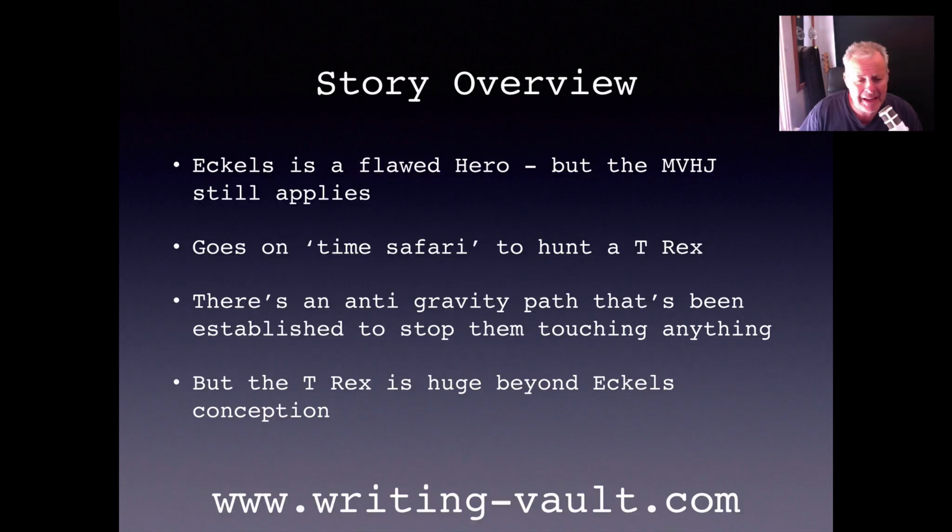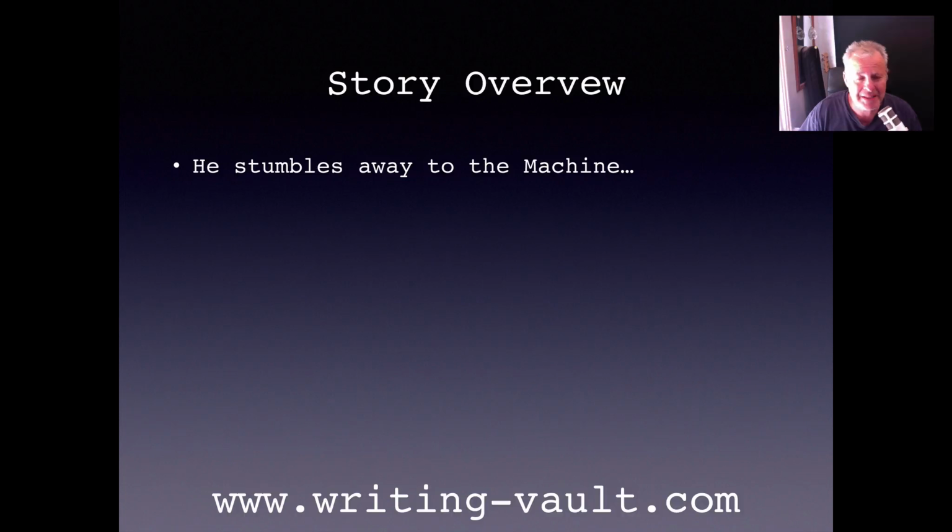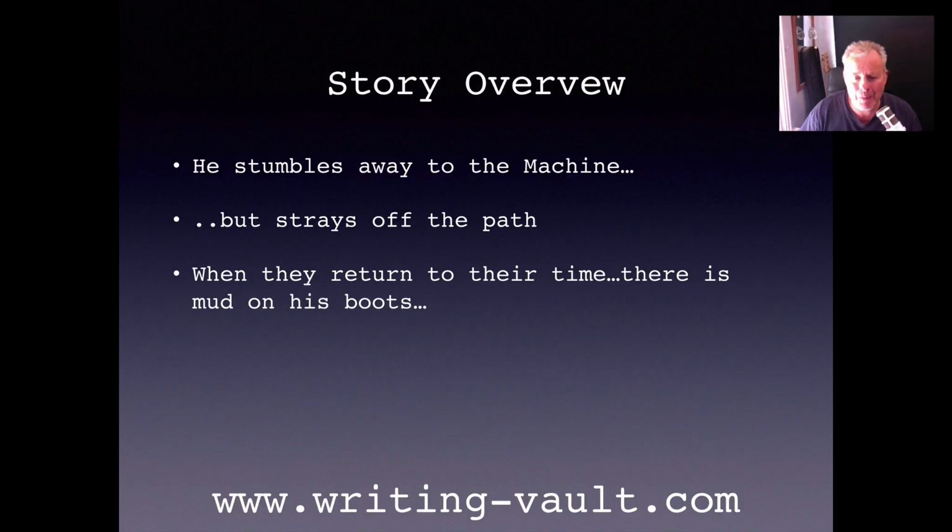But when they encounter the T-Rex, it's huge beyond Eccles' conception, and he panics and he stumbles away. They send him back to the machine, the safari guides do, but he strays off the path in his panic. When they return to their time, there is mud on his boots, which they've not realised.